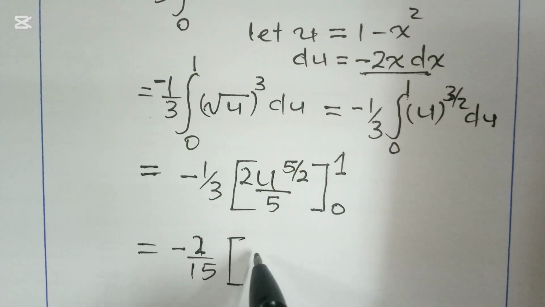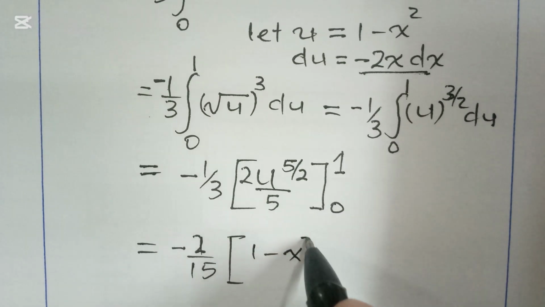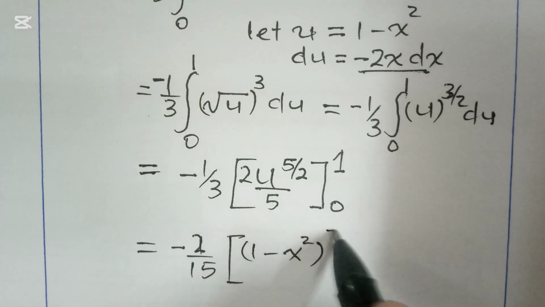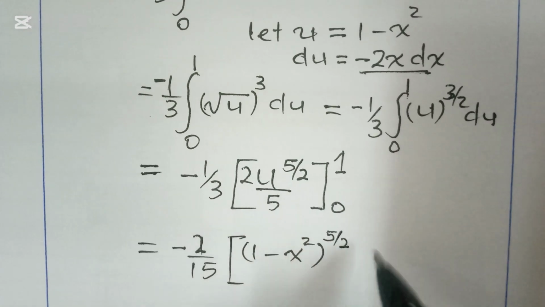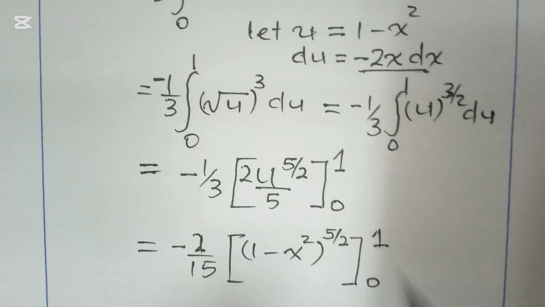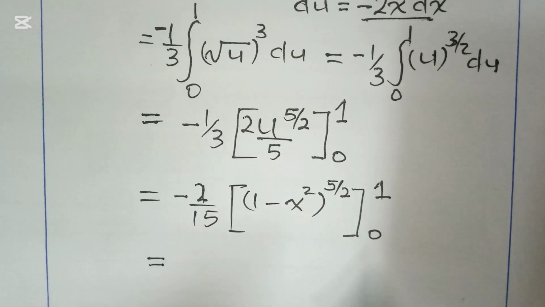So we shall have 1 minus x squared raised to 5 over 2, limits from 0 to 1. Now we replace for 1.